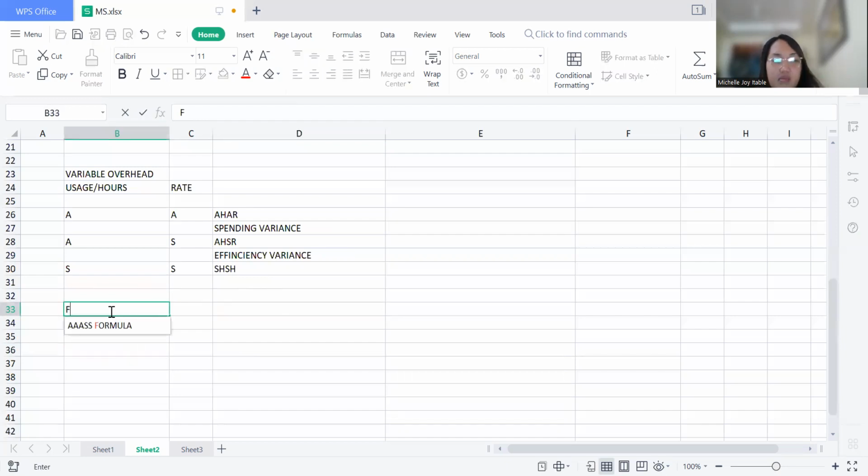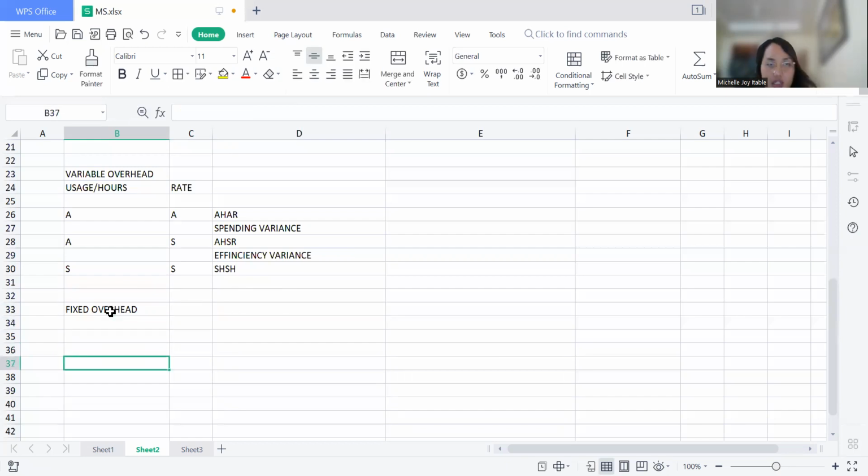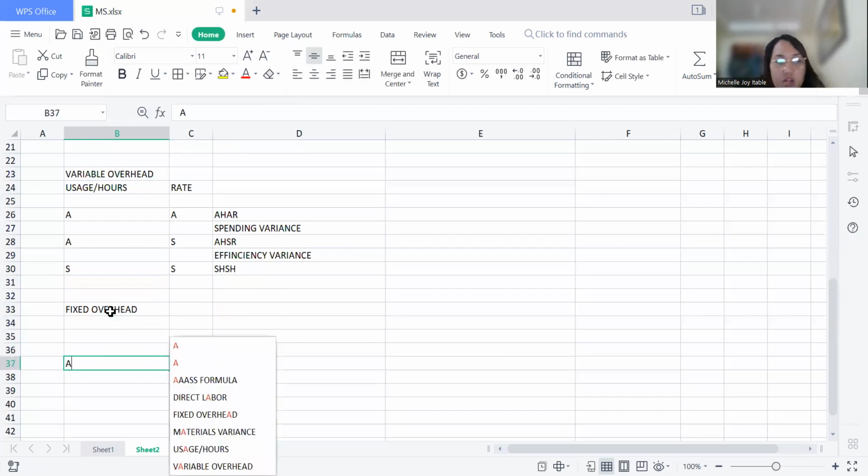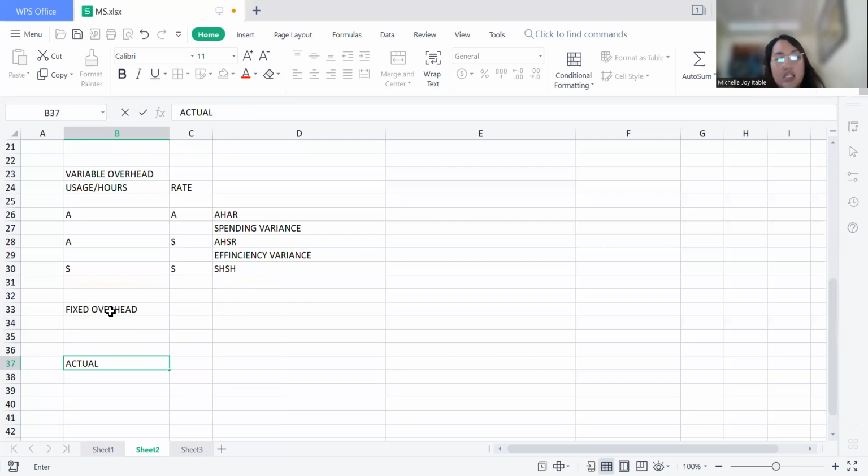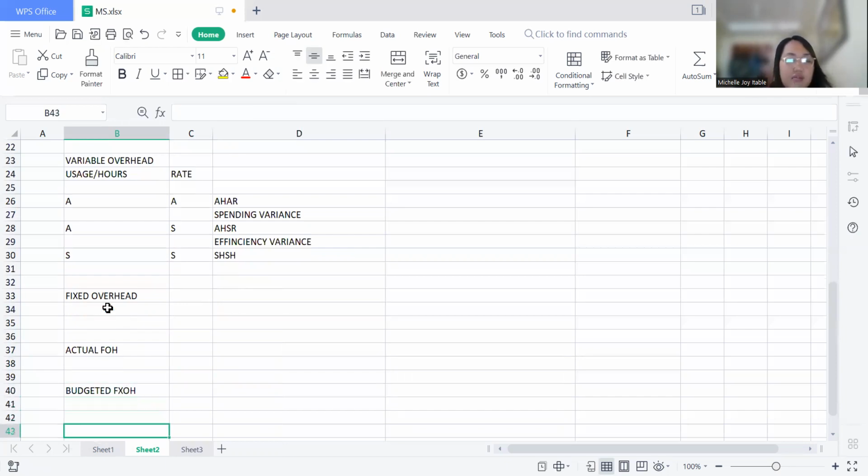Sa fixed overhead naman tayo. Okay, sa fixed overhead, we have the actual, tatlo yung titignan natin dito. The actual fixed overhead, the budgeted fixed overhead, and the standard fixed overhead.